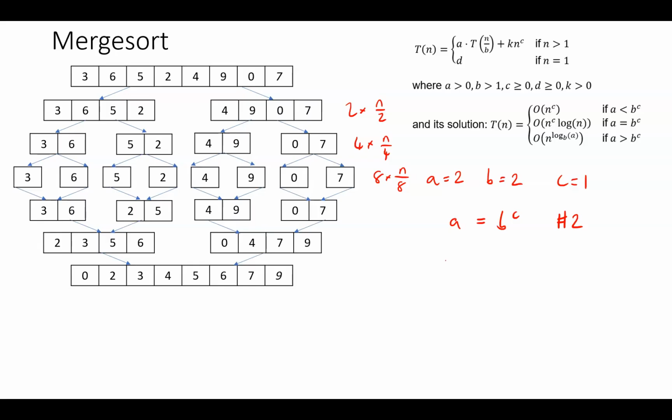And so our solution is from the second line of this thing here, which is going to be n to the power of 1 times log n. And hopefully that makes sense, because when we look at the theorem itself, whenever we're halving something, any kind of divide and conquer like that, we're probably going to be dealing with log n.